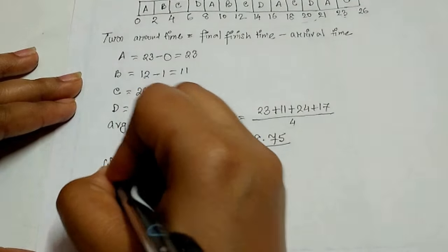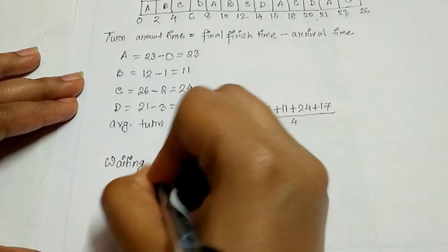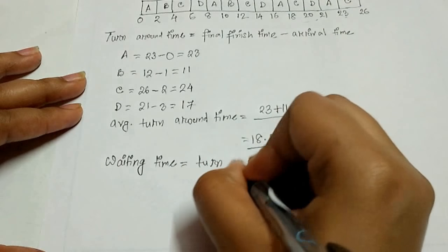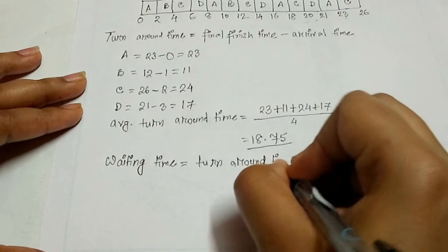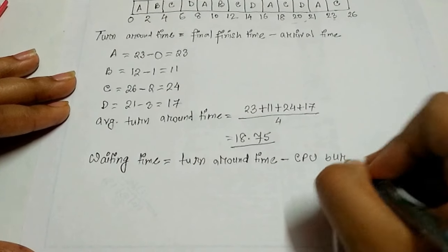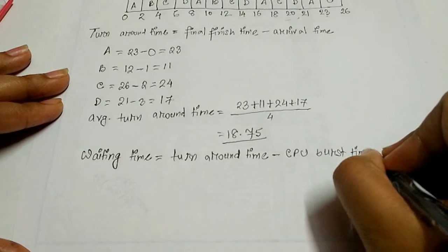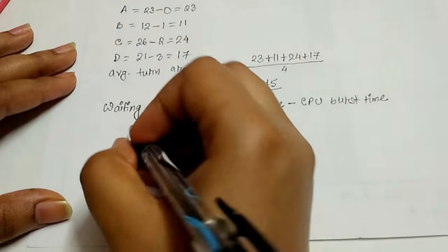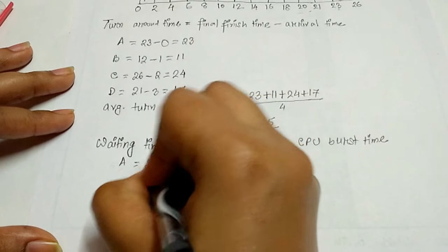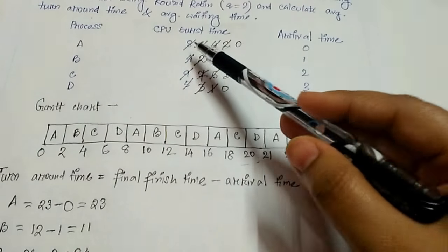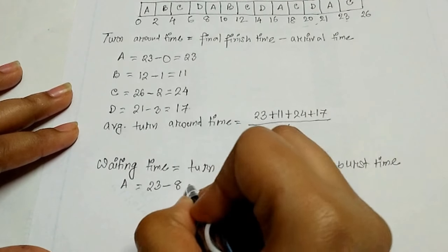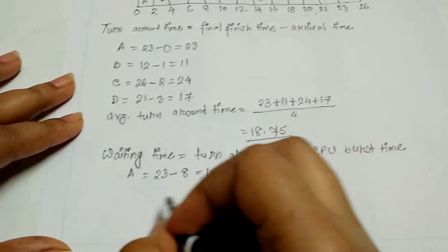Now we are asked to calculate waiting time. Waiting time equals turnaround time minus CPU burst time. For process A, turnaround time is 23 minus CPU burst time 8, that is 15.